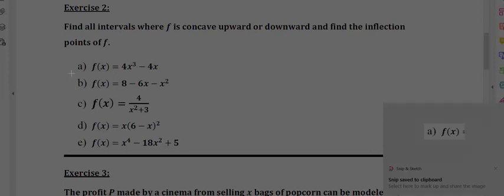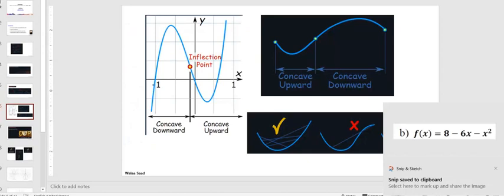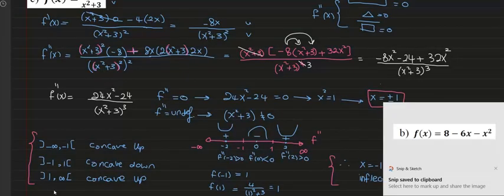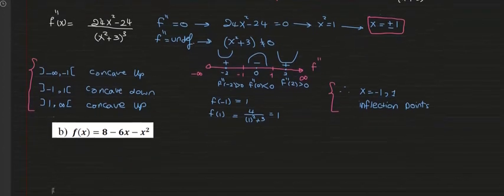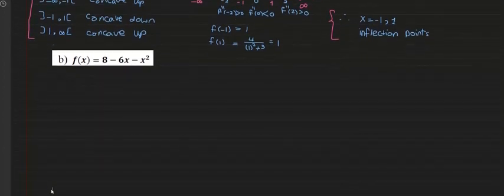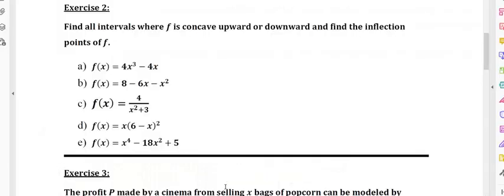Let's do it with part B. So now we have a different f of x. Let's do the same and find the intervals of concavity, like it's required here in the worksheet.